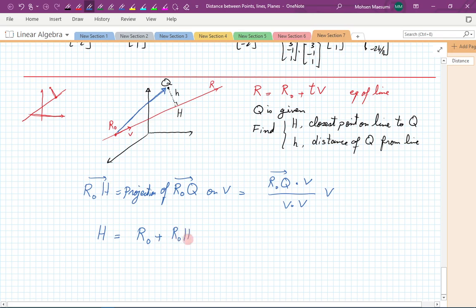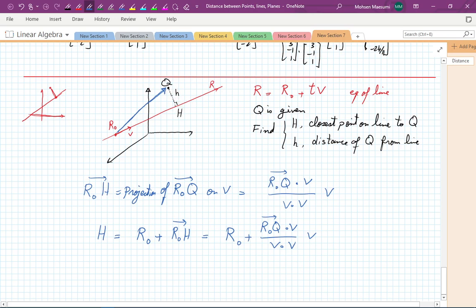So let's write it: start from R0 and add this thing to it, R0Q dotted with V over V dotted with V times V. So that's a recipe for finding H itself. Extract your R0, Q is given, the difference of these two is R0Q, and then you do this and you're all done.